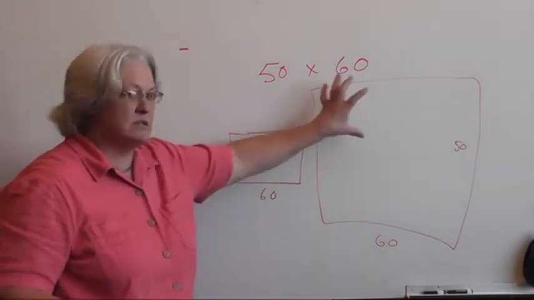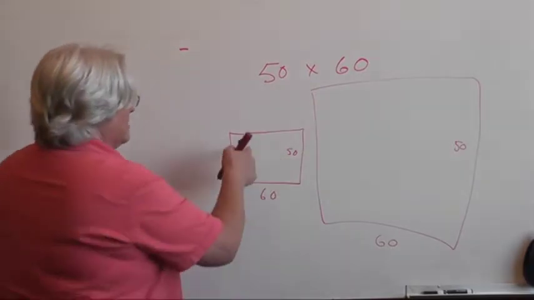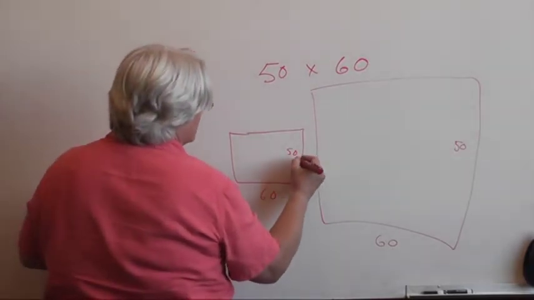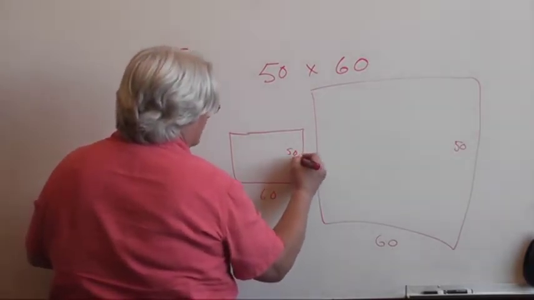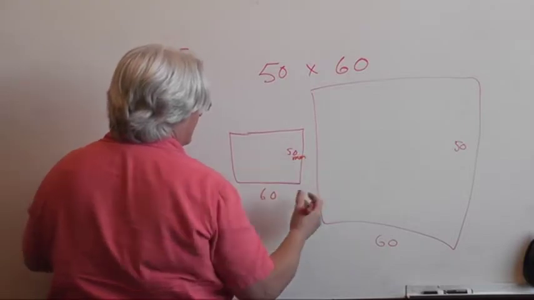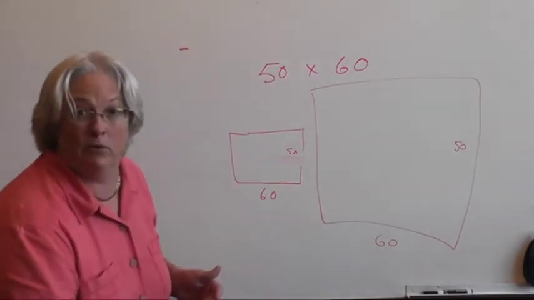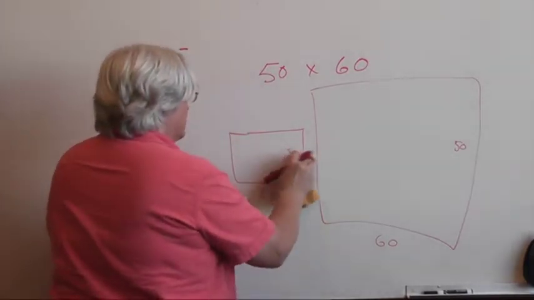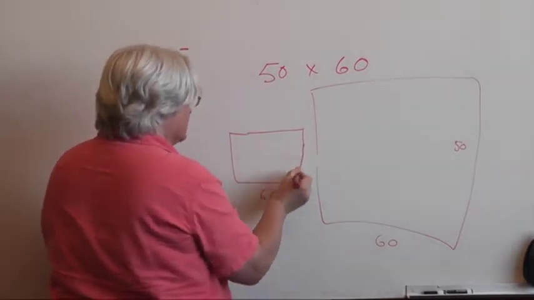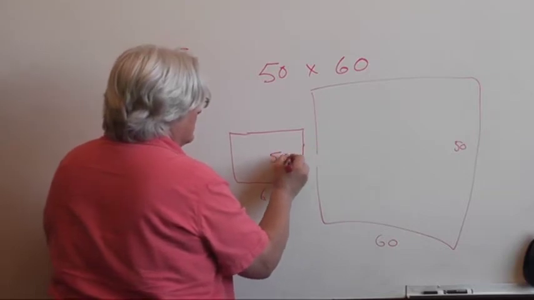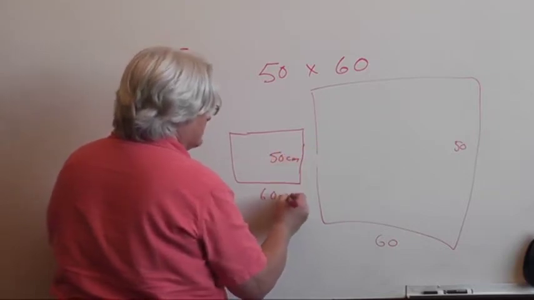And this isn't to scale, but this one right here, maybe this was measured in millimeters. If it were centimeters, it would be bigger. But centimeters is probably a better example of what it could have been measured in. This one could have been measured in 50 centimeters by 60 centimeters.